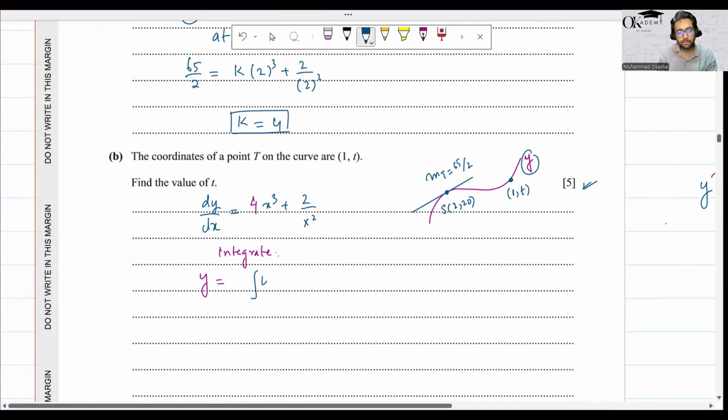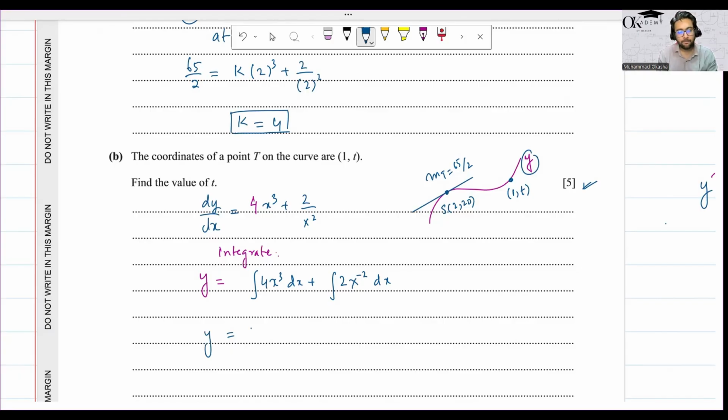So 4x cubed dx. To integrate the second term, I'll write it as x to the power negative 2, because if we bring it to the top, it becomes x to the power negative 2.